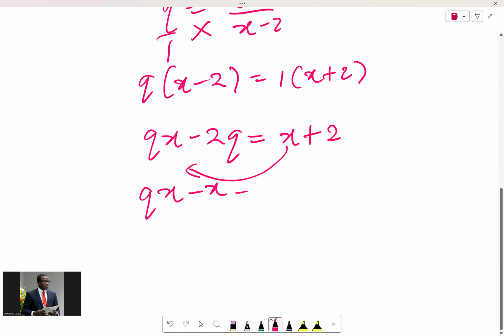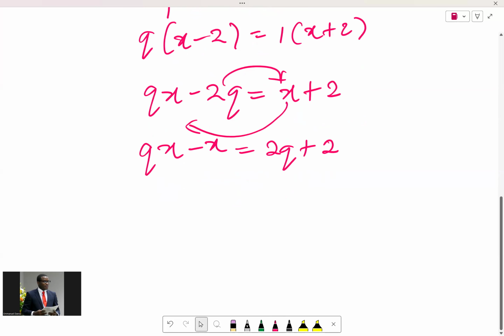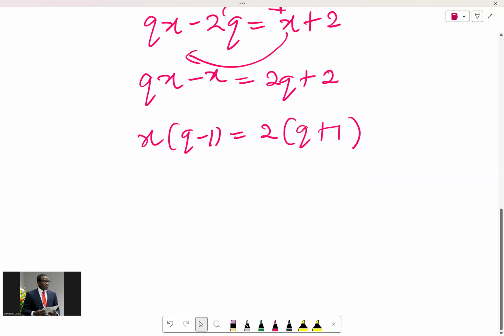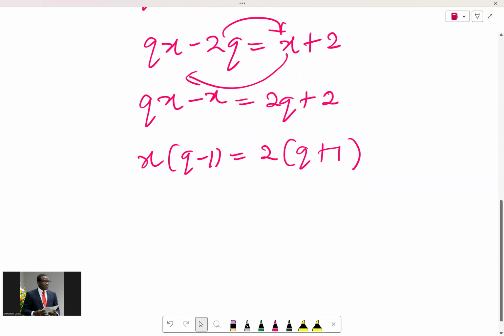So qx - x equals 2q + 2, transferring minus 2q to become 2q. So you have x into (q - 1) equals 2 into (q + 1). So x will now be 2(q + 1) all over (q - 1).